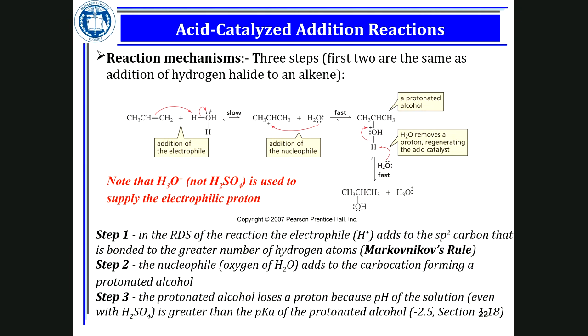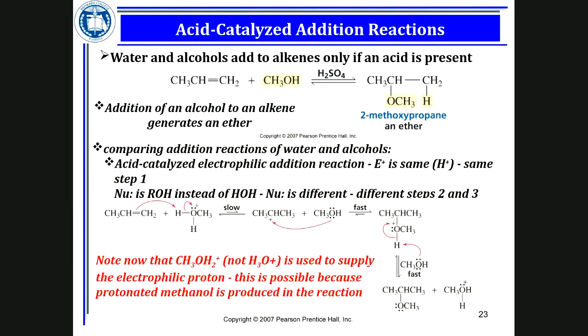Now, if you add alcohol to an alkene, what's going to happen? What will happen if you add alcohol? When you add alcohol to a C=C double bond, this is the alcohol. These are little tricky, very simple points, but they're going to help you answer multiple choice questions faster if you remember them.